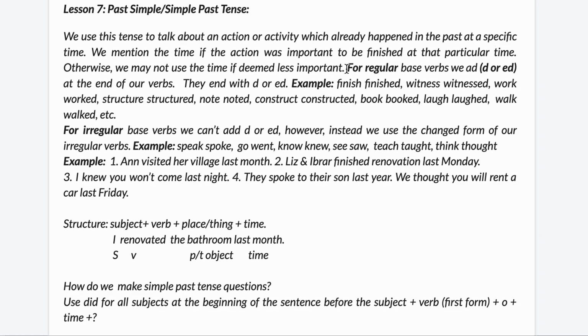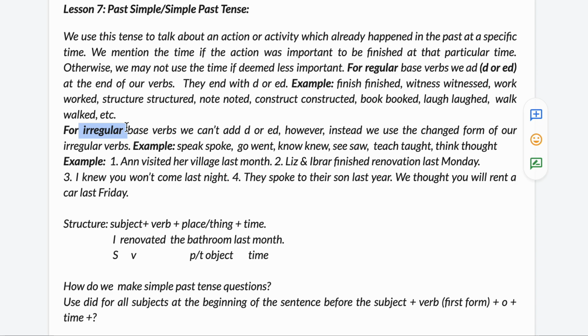So we have two types of verbs in this structure: one is called regular and one is called irregular. Now we have to find regular and irregular. If you remember, we spoke about nouns.